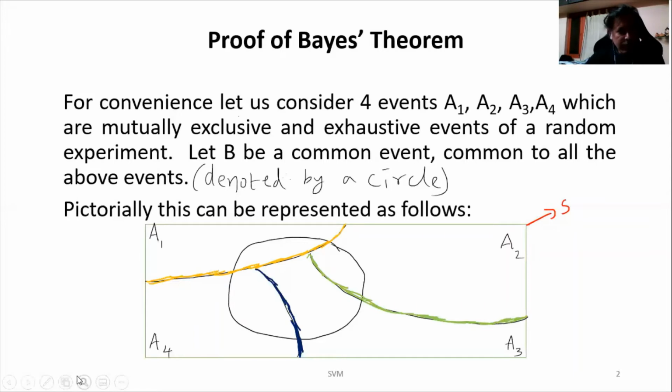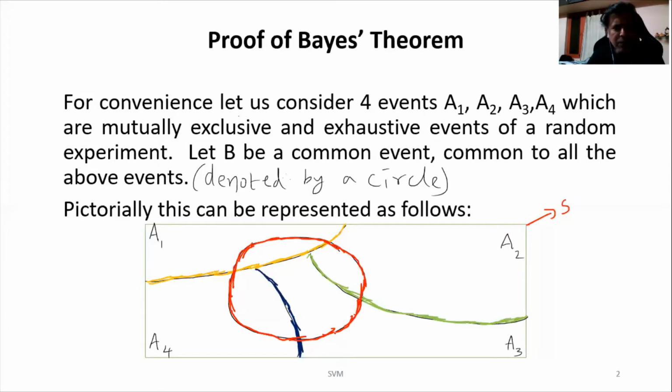But if you look at the common event B, which is denoted by a circle, that is actually intersecting, or is common to all the 4 events. So let me show it in red color. We may notice that this particular circle is passing through all the events, meaning it is common.